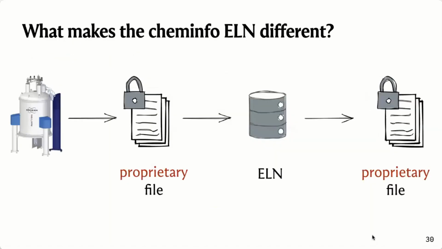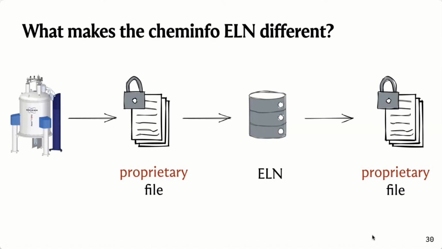So for many other ELNs, especially commercial ones, the ELN is somehow just a place to take notes and maybe attach some files to this. But we think that the most important task an ELN can do for you is to make the data FAIR, to really take the hassle of converting the data into a FAIR machine actionable form.